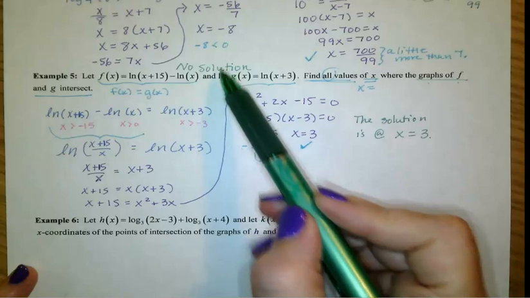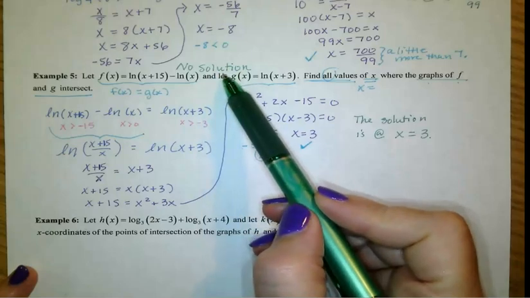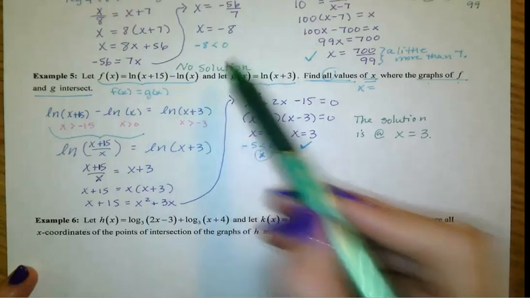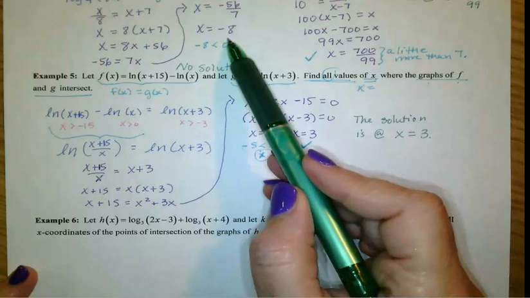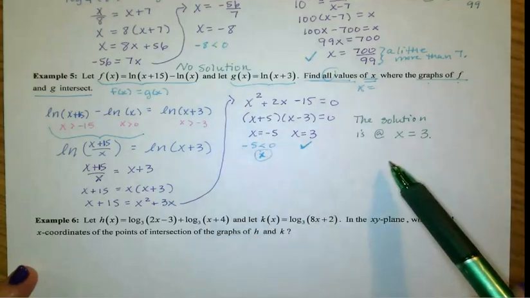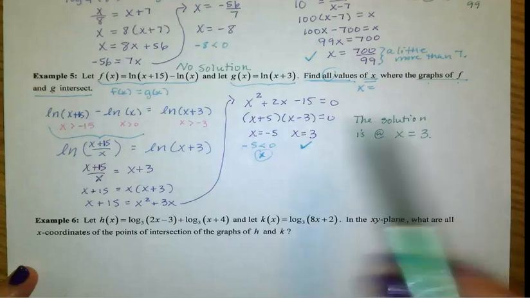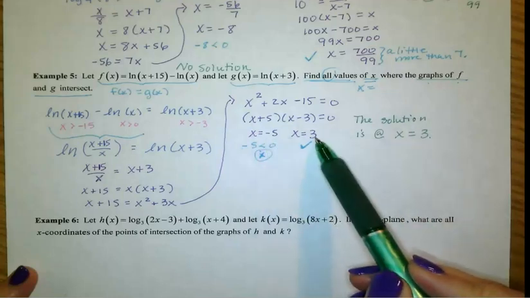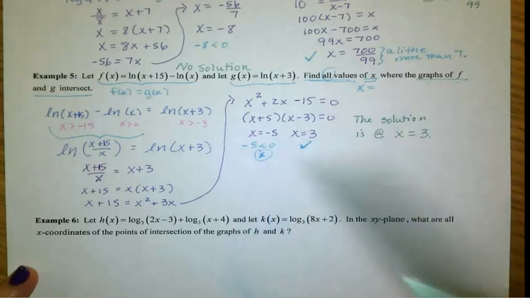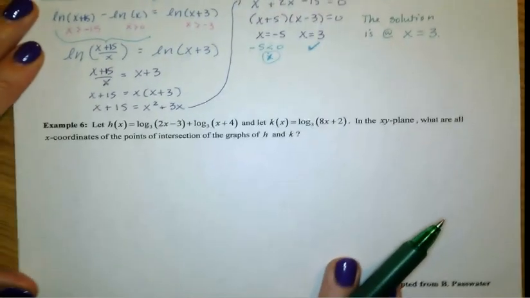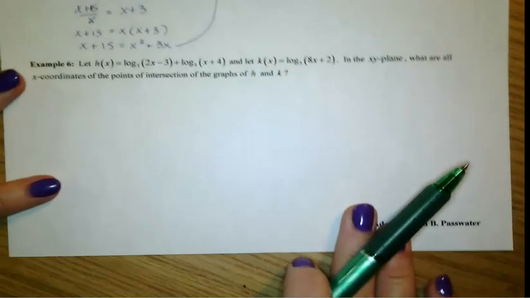So you can have situations like we did in 4a where we had no solution because there was only one possible solution and it didn't check out. In this case, we have only one solution because one of the two solutions that we did get did not check out.